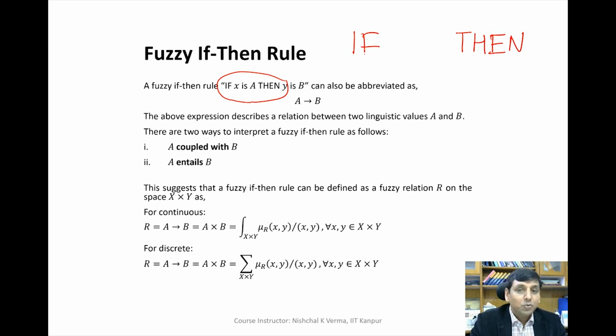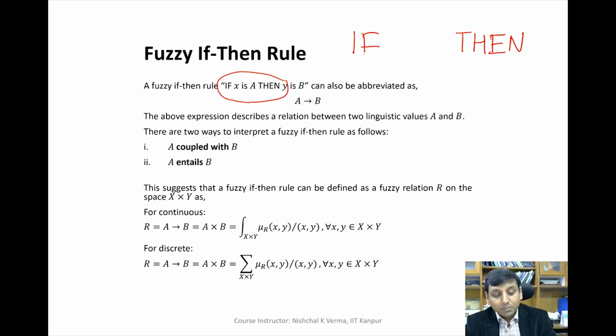So any fuzzy rule has two parts. The first part is the premise part or the antecedent part, and the second part is the conclusion part or the consequence part.